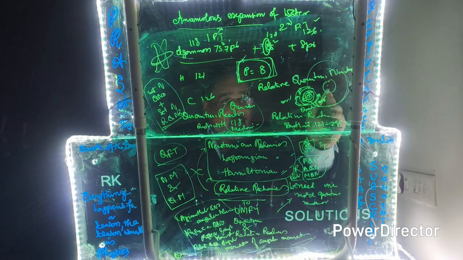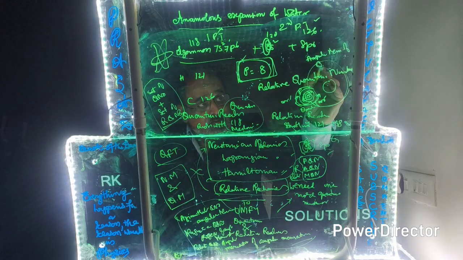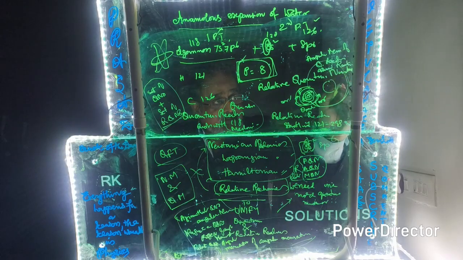So you will need at least one more quantum number to define the angular momentum of the quantum world, the quantum realm, around the relative realm, relative C6, let's say.